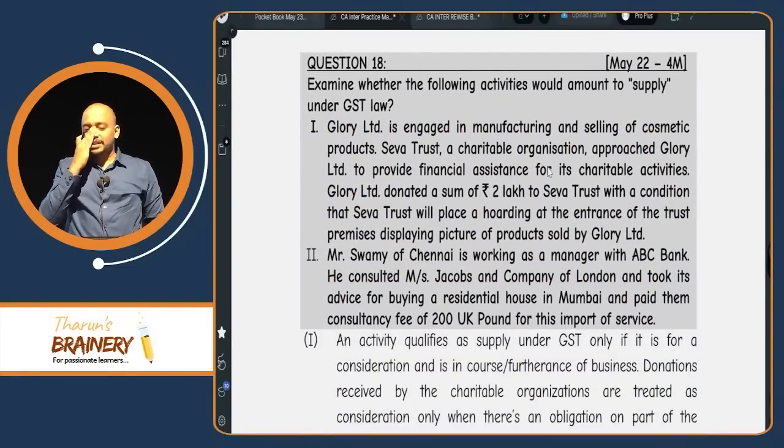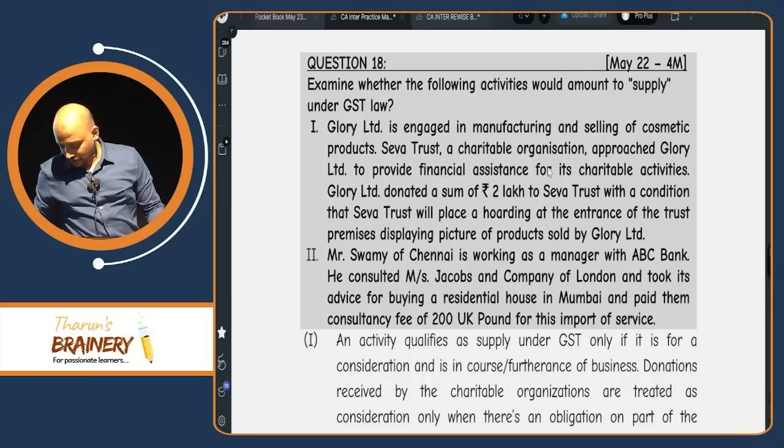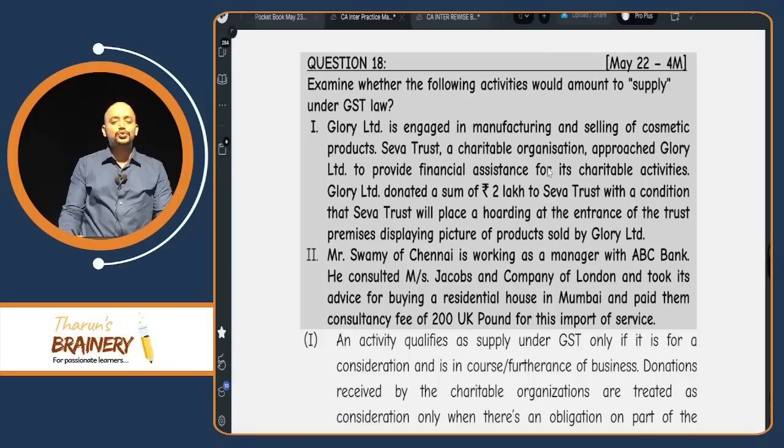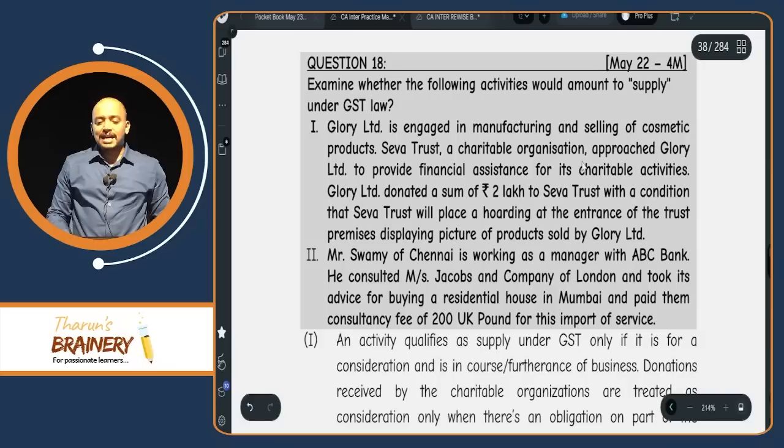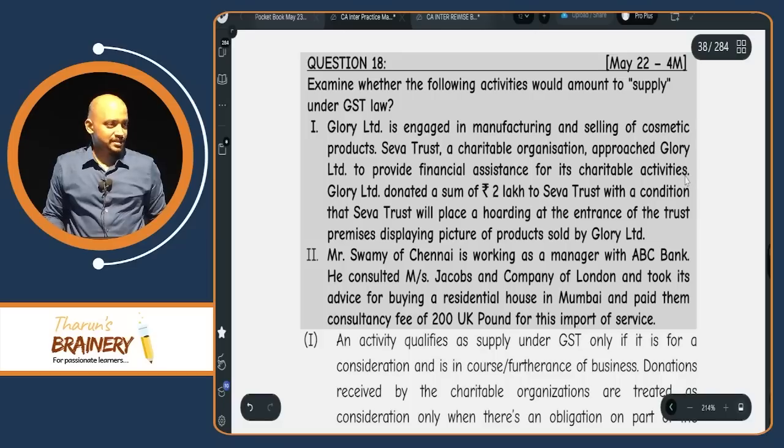Then examine whether the following activities would amount to supply under GST. So this is how the questions will be given. Like 2 situations they will give for 4 marks. So 2 marks each. Okay. Glory Limited is engaged in manufacturing and selling cosmetic products. Seva Trust, a charitable organization, approached Glory Limited to provide financial assistance for its charitable activities.